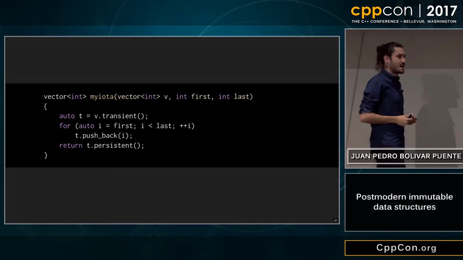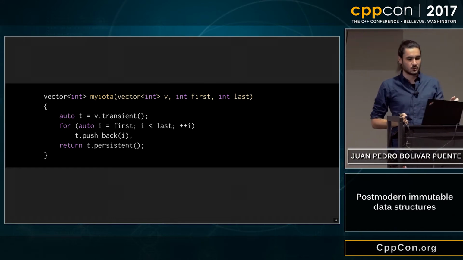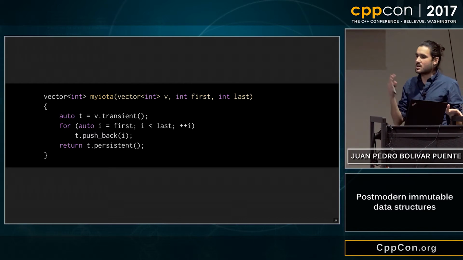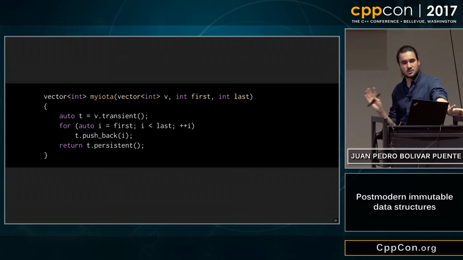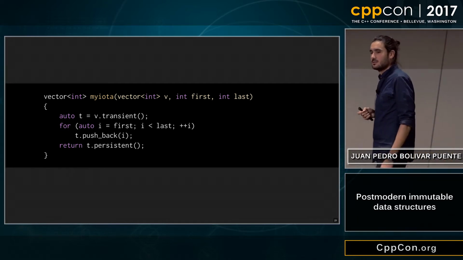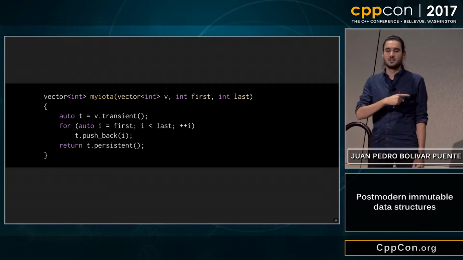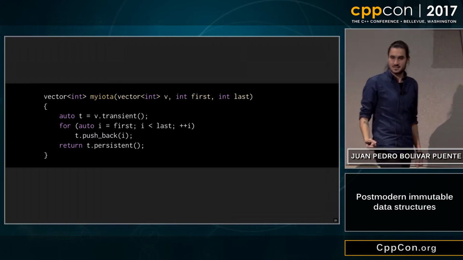So we can say, can you give me a mutable view on this vector that is going to use a copy on write strategy, more or less, to mutate the vector in place whenever possible? Yes? You preserve the immutability of the vector, so everyone else who uses it still doesn't see any update. Yeah, so the question was, do you still preserve the immutability of v, the input value? And the answer is yes, exactly.